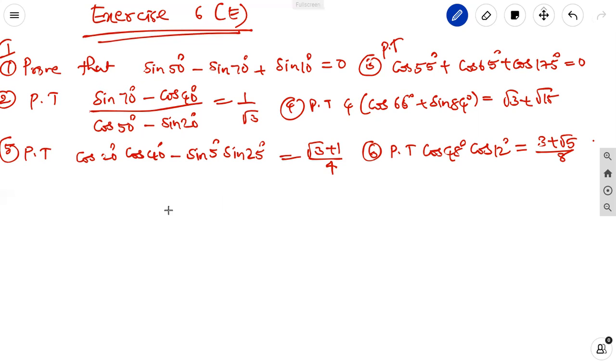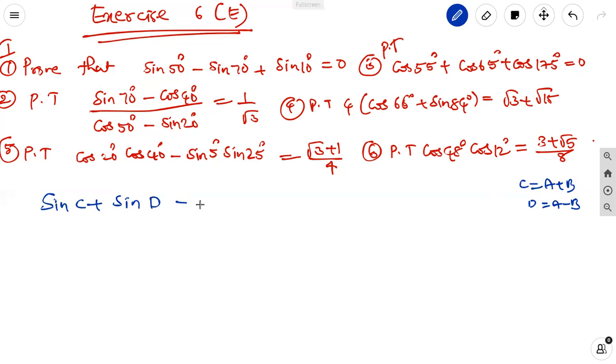First, we can discuss the useful formulas. First, the sin C plus sin D formula. Sin C plus sin D means we can take C equal to A plus B and D equal to A minus B. From that, we can expand sin of A plus B, which is sin A cos B plus cos A sin B, and sin of A minus B, which is sin A cos B minus cos A sin B. The cos A sin B terms get cancelled.